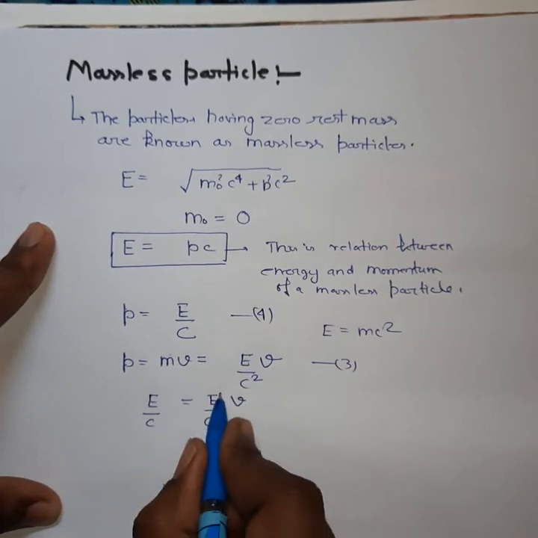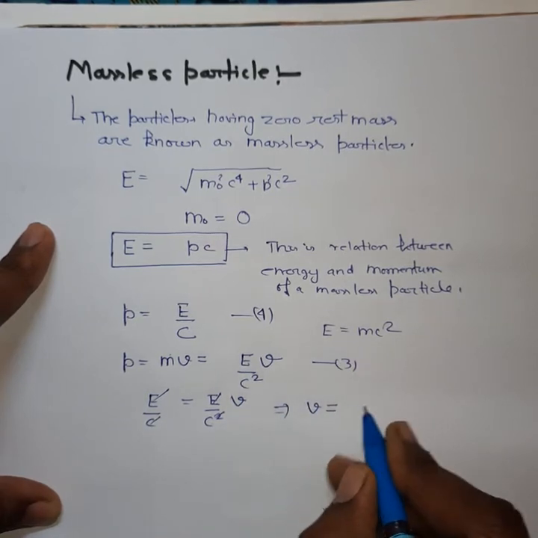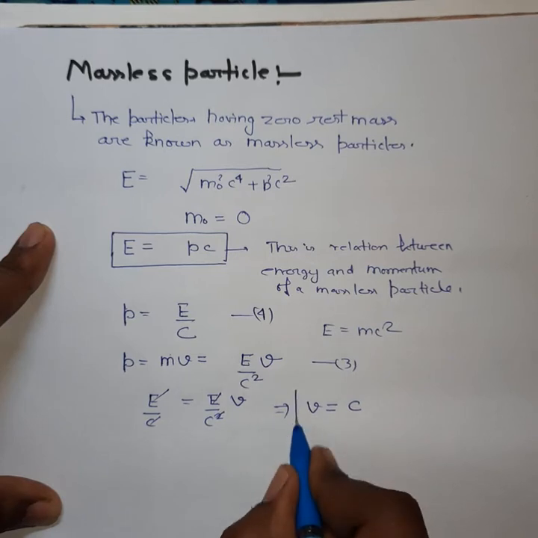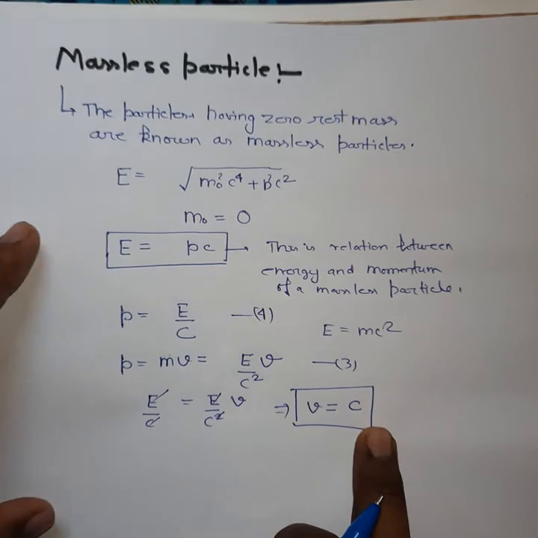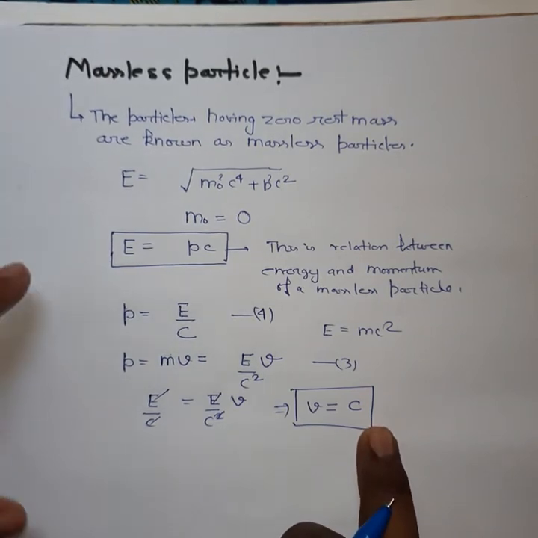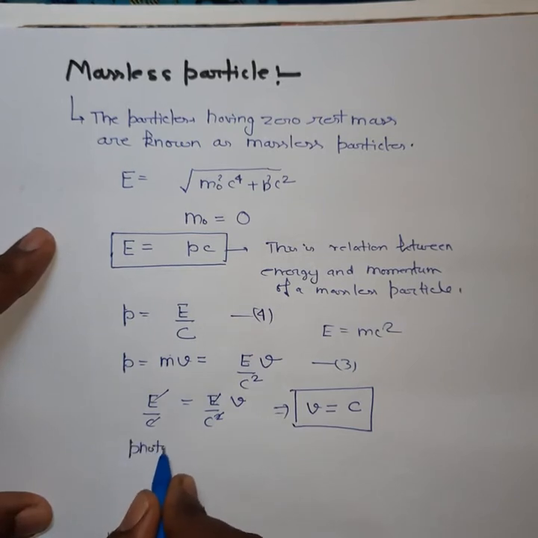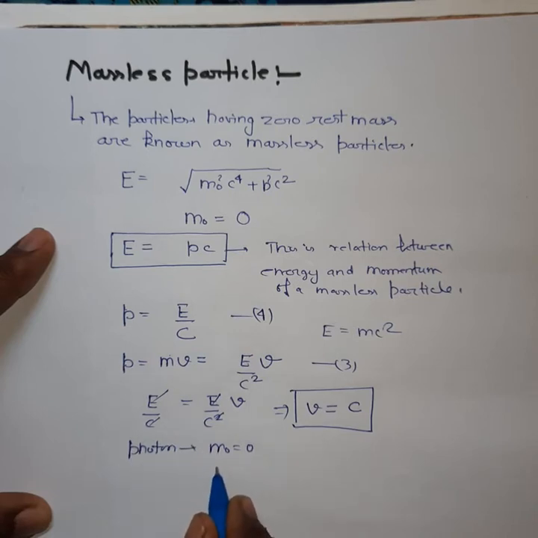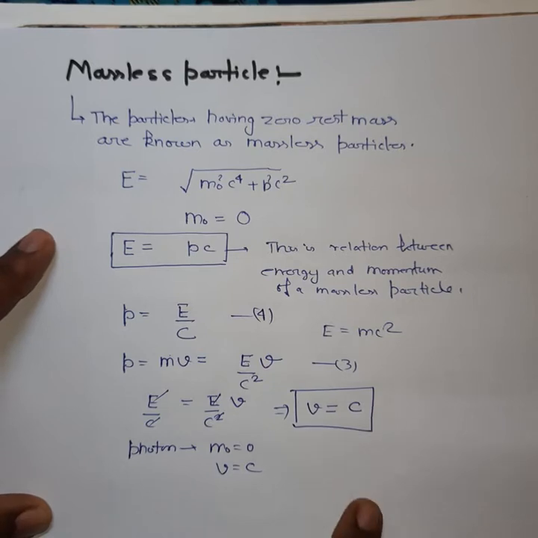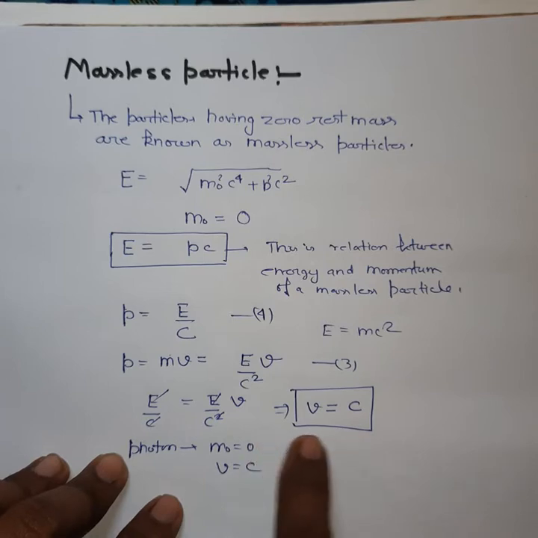You can see that E cancels, c will cancel c, so you get v is equal to c. So the massless particles move with the velocity of light. The simplest example of a massless particle is the photon. The rest mass of a photon is 0, so photons are massless particles, and they move with velocity v equal to c. Sometimes it is asked in the exam that massless particles move with the velocity of light.